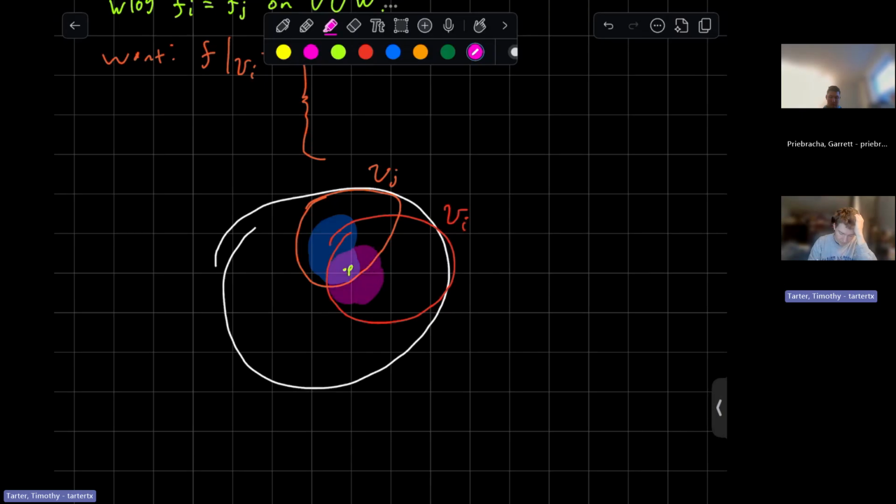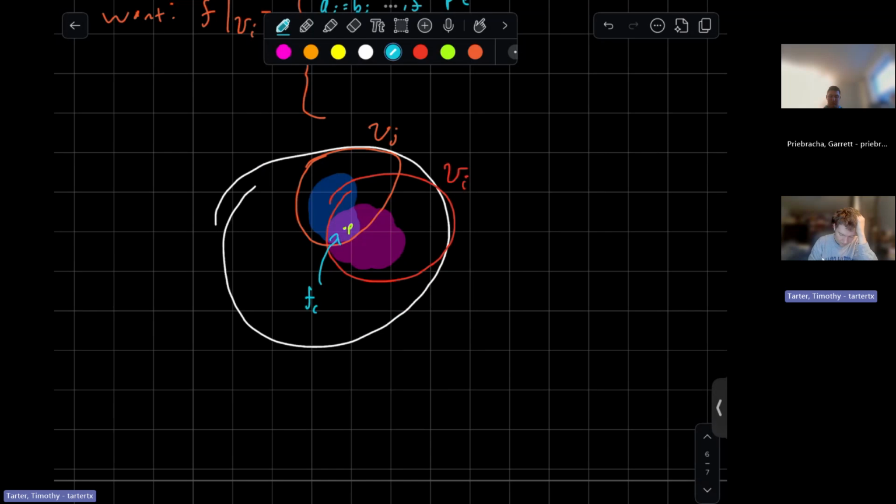And then the purple bubble can similarly go kind of anywhere. And then in this intersection, we get that Fi equals Fj equals A.